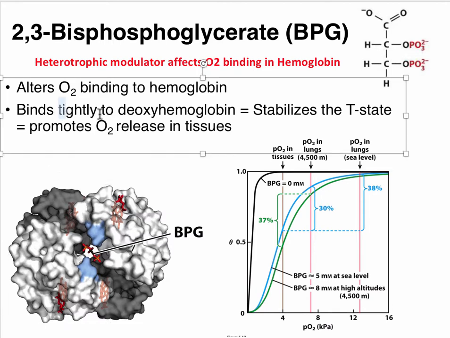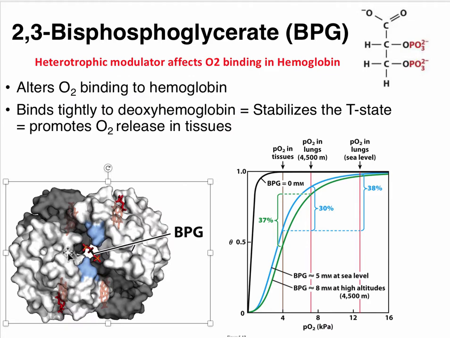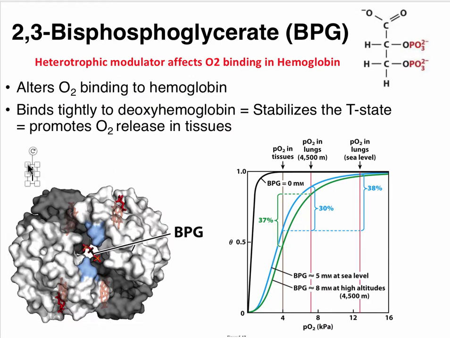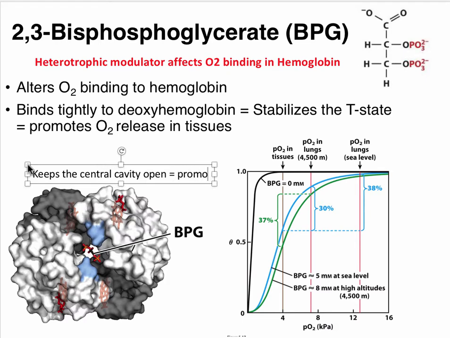All right, so it binds tightly to deoxyhemoglobin. It stabilizes the T state because it keeps the central cavity open, and therefore promotes the ion-ion pairing and stabilizes the T state.